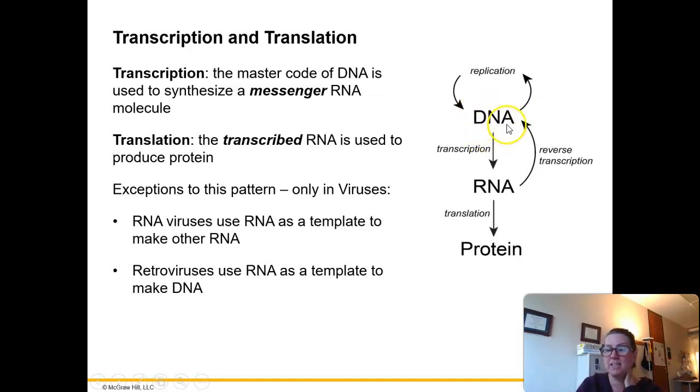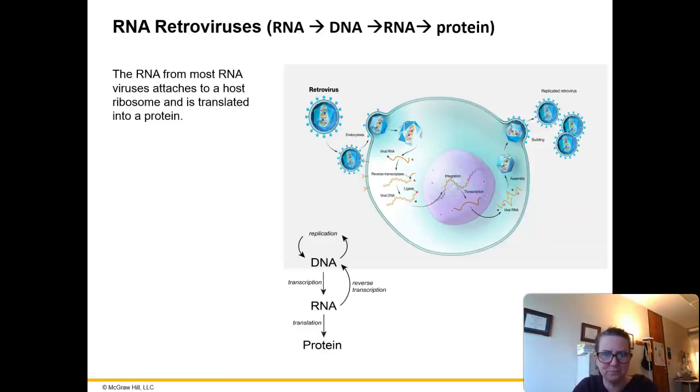And it's using the host genetic machinery. Then it takes the DNA and goes ahead and does transcription. So RNA retrovirus is taking the RNA, retroactively making a DNA, and then moving forward with making RNA and then making the protein. So a little backwards, but pretty novel if you ask me.